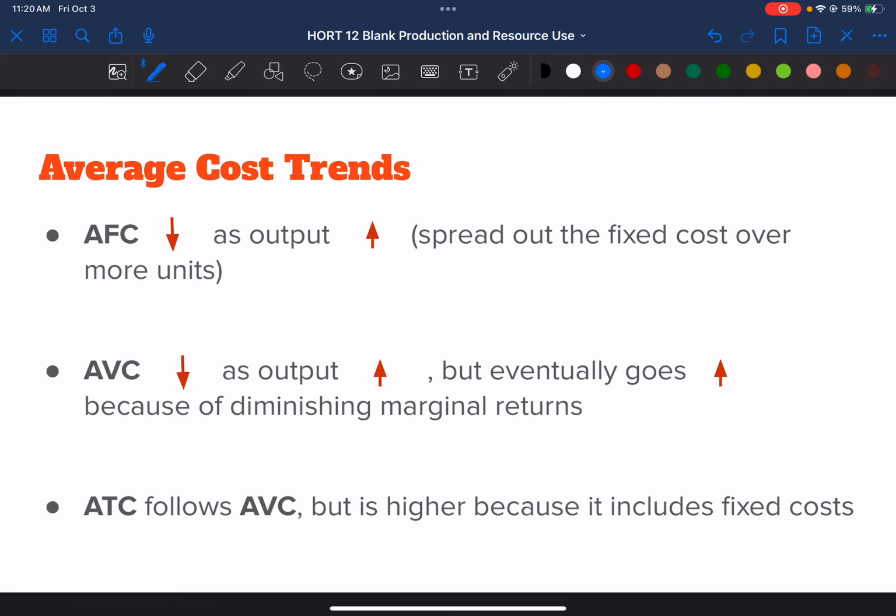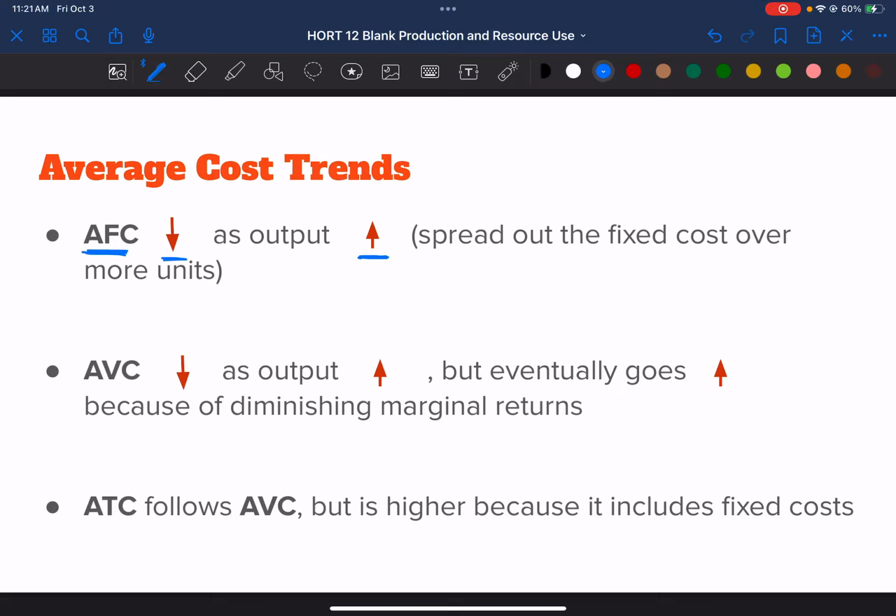For these 3 costs, they generally follow certain trends. Average fixed costs go down as output goes up. Remember that fixed costs remain the same, so we're taking a fixed cost and dividing it by the number of units we're producing. We're spreading that cost out over more units. So as the output goes up, the average fixed cost goes down.